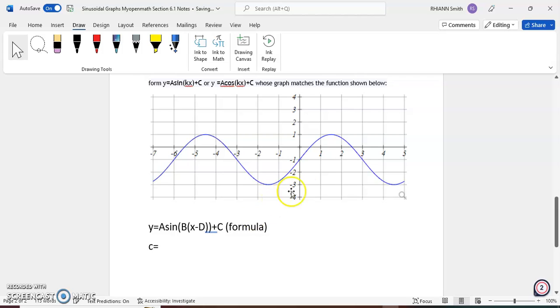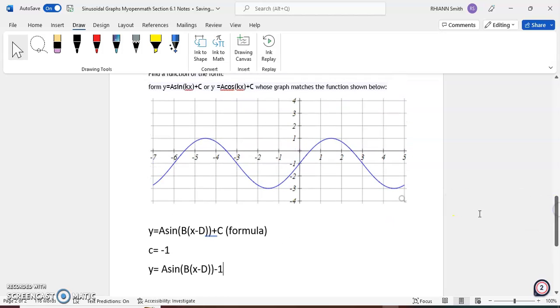The midline is wherever the graph crosses the y-axis. In this case, C will be -1. So your formula so far should look something like this.